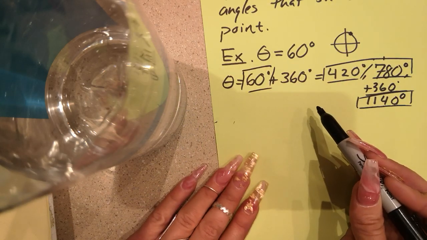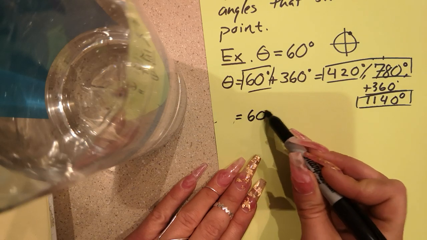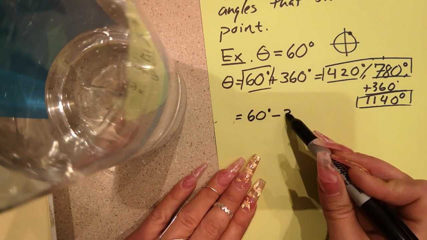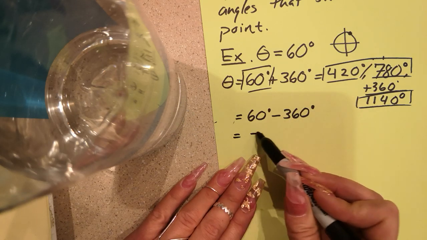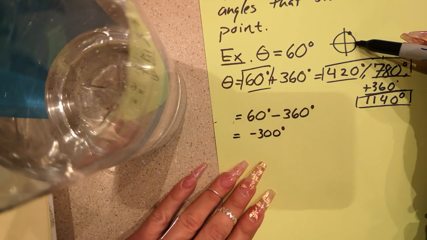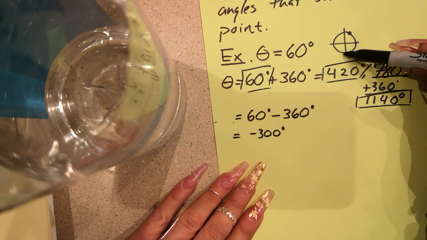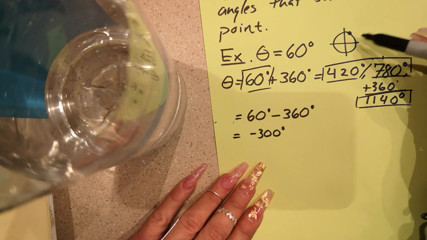Let me find a few more. So what if I take my 60 degrees and I instead subtract 360 degrees? There's another one then, negative 300 degrees. So you can see if I start here and go negative 300 degrees, I'm here, right? Because if I went another 60 degrees, I'd be here.